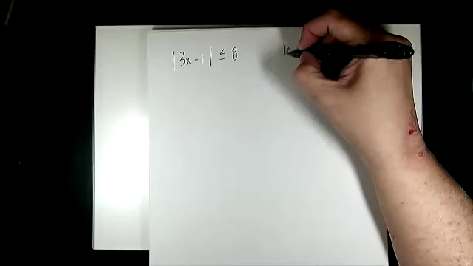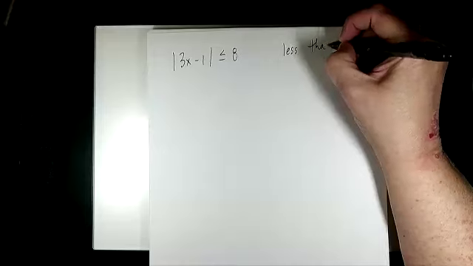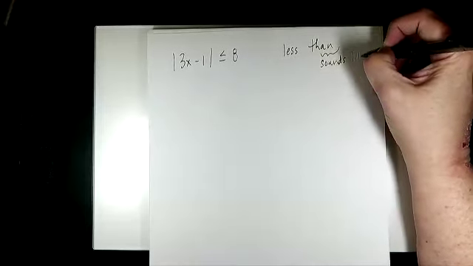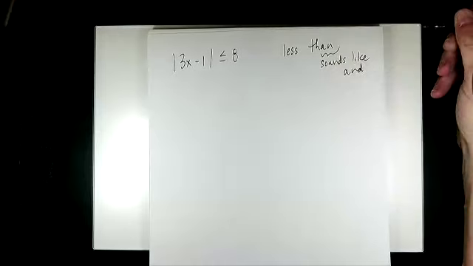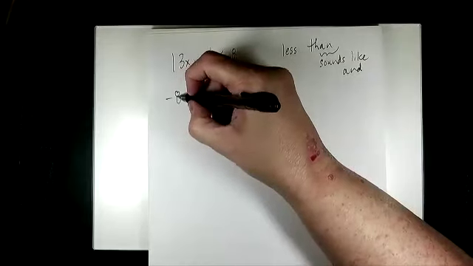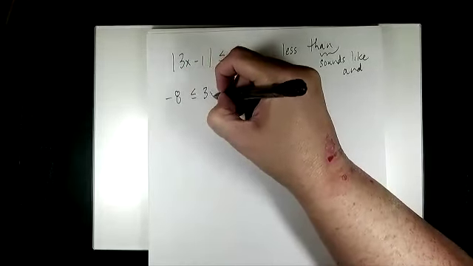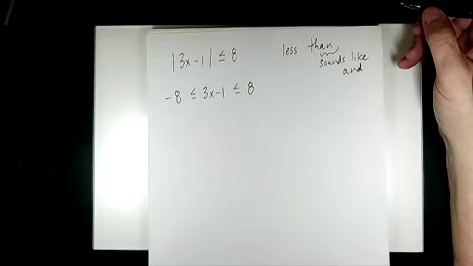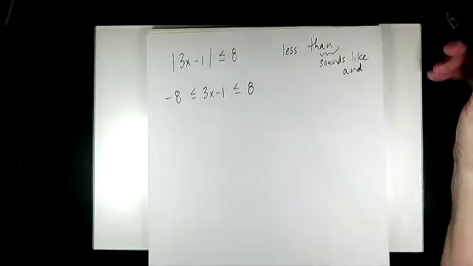It matters. Less than sign sounds like "and." This is one of the easy ways to remember it. And gives us a compound inequality. We'll do a greater than one in a second.